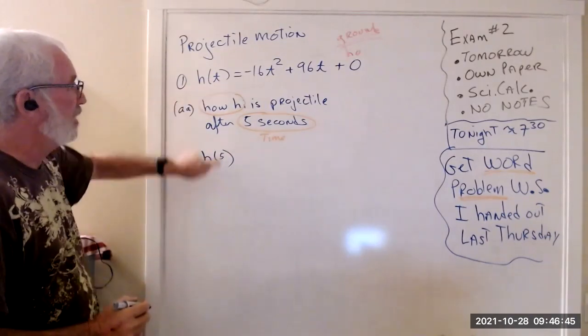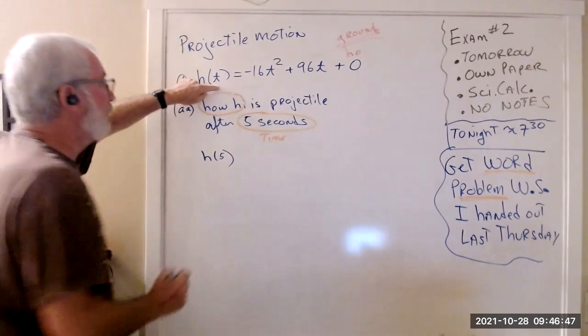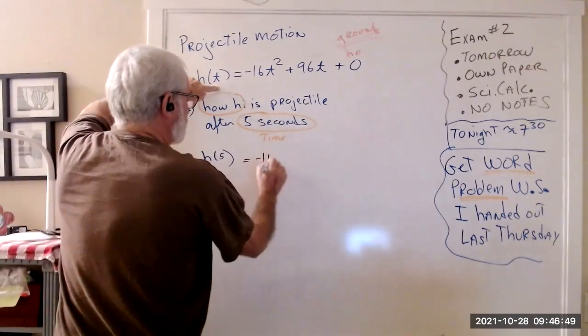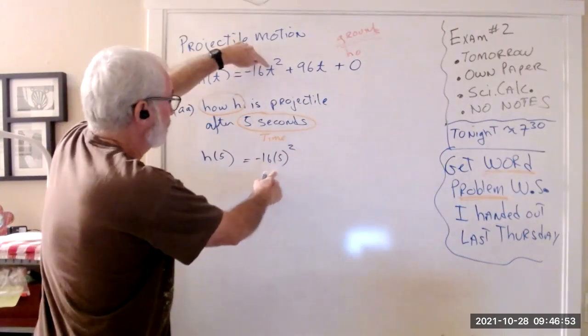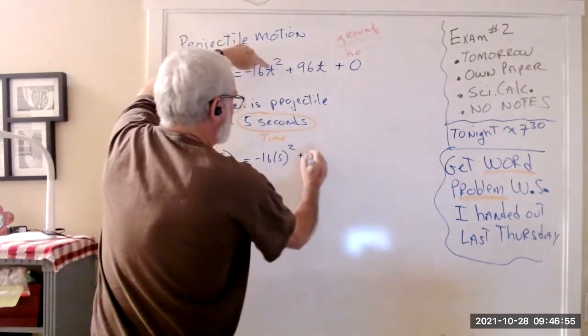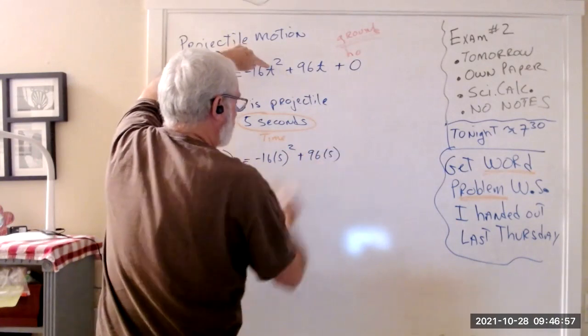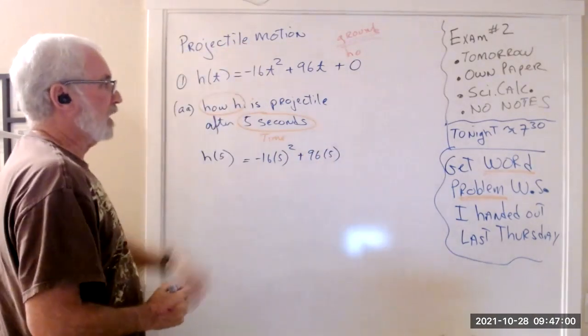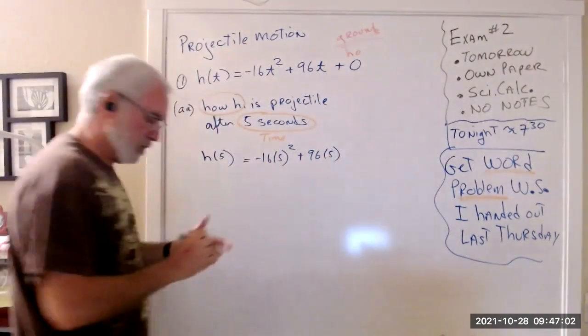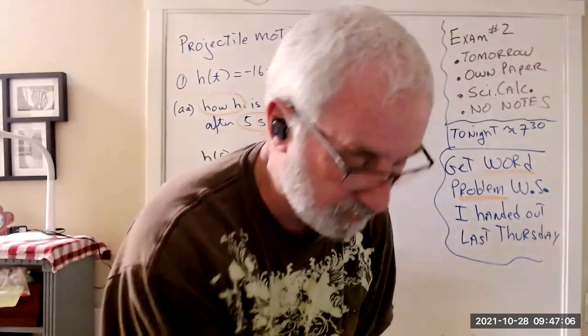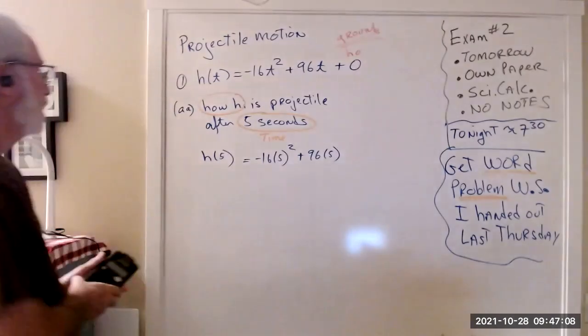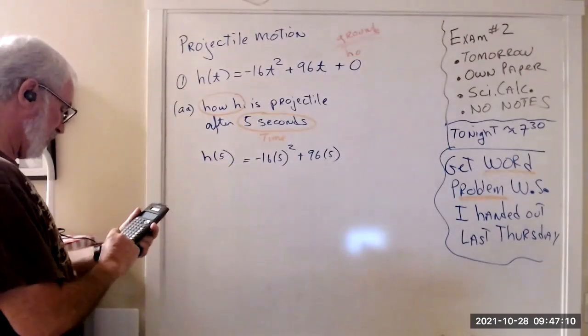We're just plugging in 5 for time. And so we write -16 times 5 squared, because time is 5, plus 96 times 5. And if you want to use the plus 0, you can. This is just a matter of popping it all into your calculator. This is the easy part. How high is a projectile after 5 seconds?